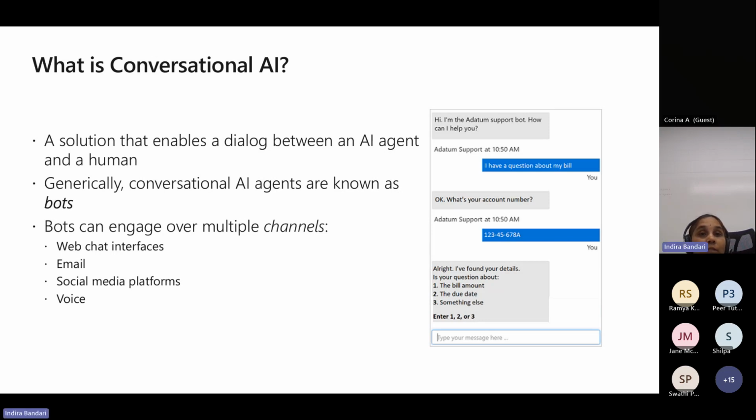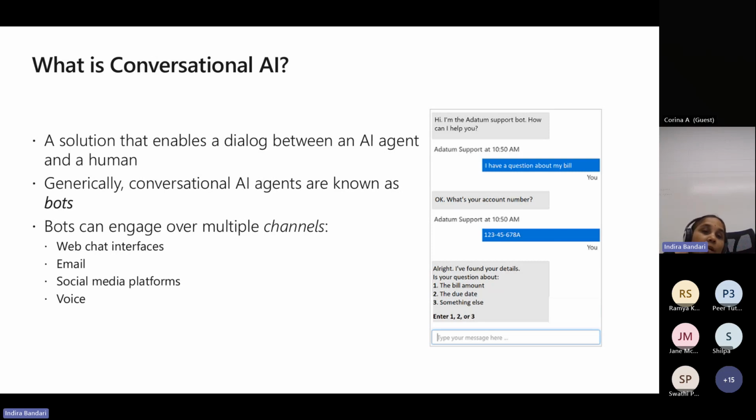And if it is speech to text or something like that, you can even use the language service as well. So this is nothing but a solution that enables a dialogue between an AI agent and a human. Mostly the term bot is used for conversational AI.